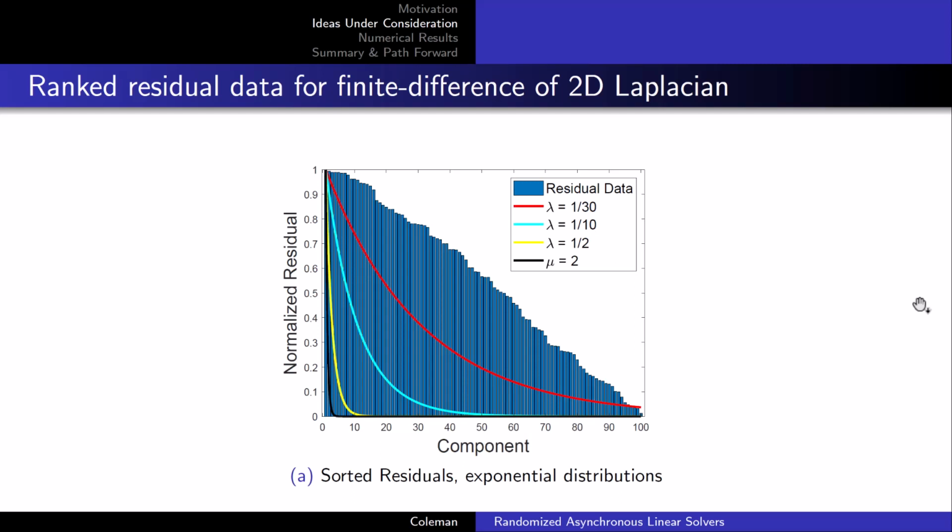This is using an exponential distribution, and the steeper it is, more like the black line, the closer we get to a true Southwell approach, where we select only the component that contributes the most to the residual. If we draw from the red line, we get closer to the uniform. So there's some balance here, because we want all components to get updated, but we want as much of the greediness as we can.